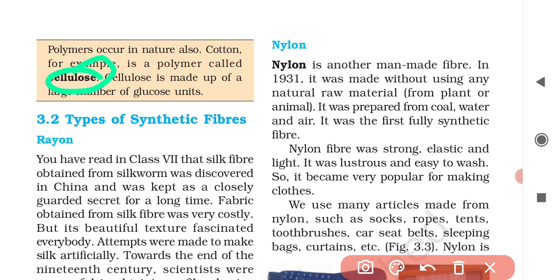So the walls of all the plants are made up of cellulose. So polymers occur in nature also. Cotton, for example, is a polymer called cellulose, and cellulose is made up of a large number of glucose units.